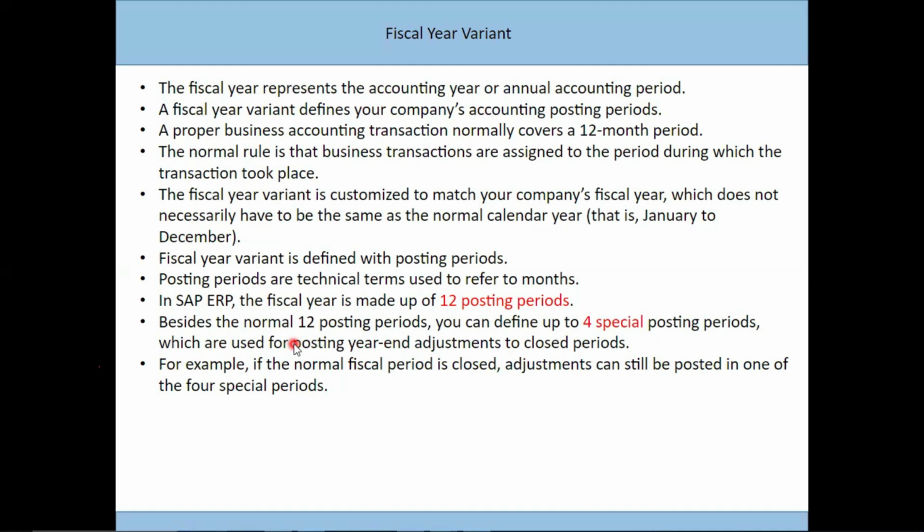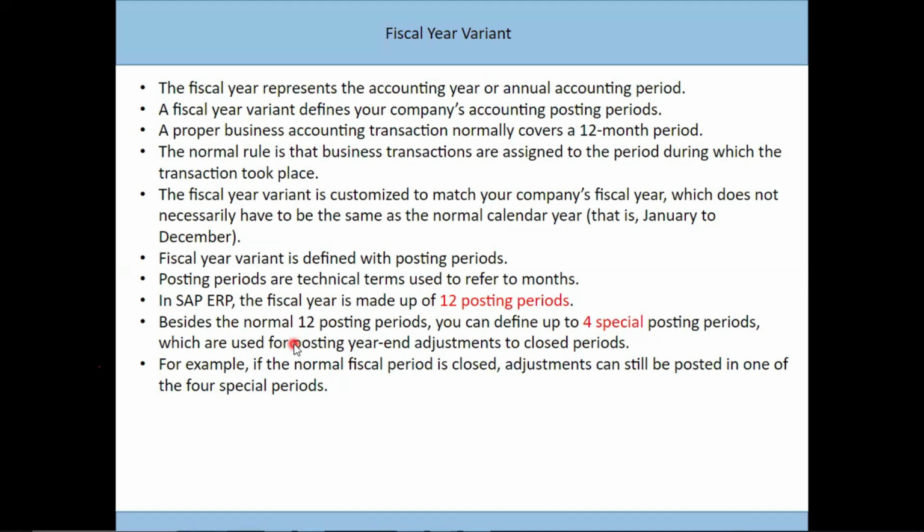If we see April to March, 12 months are there, that means 12 normal periods. But in addition to those 12 periods, we have 4 additional periods, and these are called special periods.